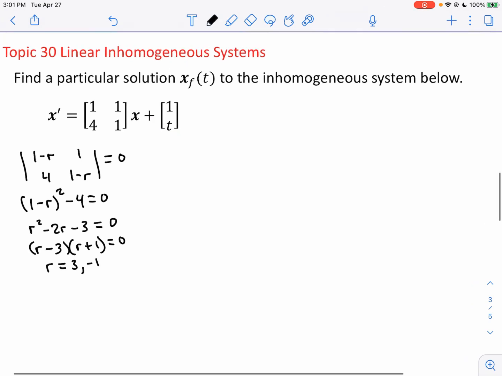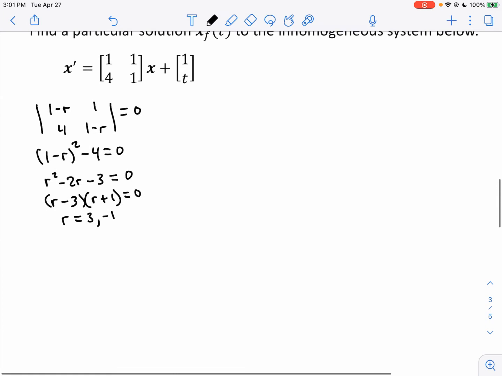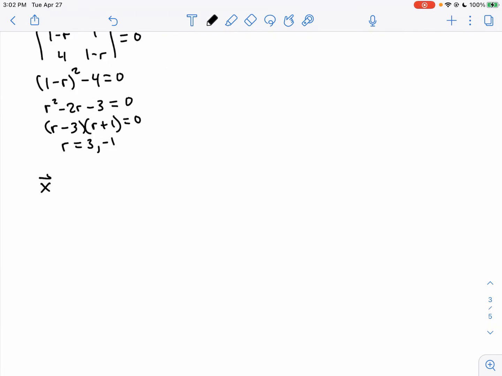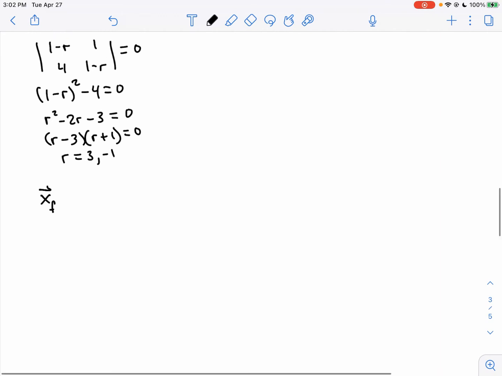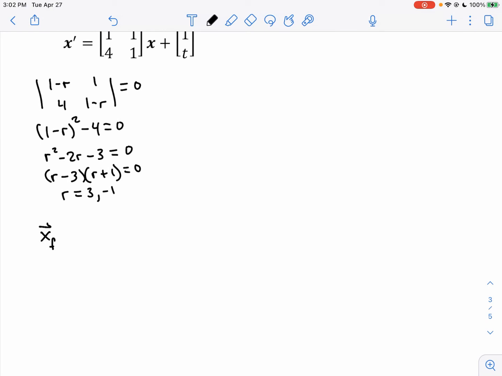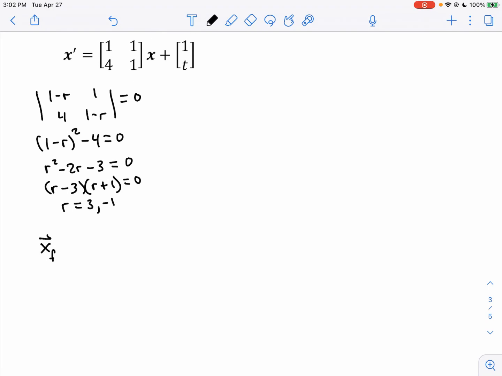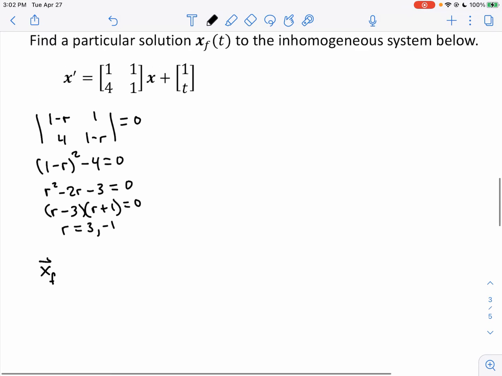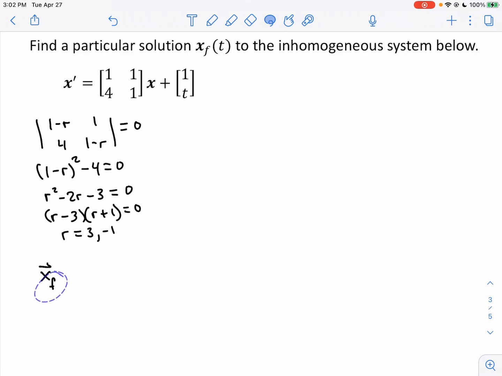So this allows us to next construct the trial form of our particular solution to this inhomogeneous system. We're calling it vector x sub f. You might see vector x sub p in your homework, p standing for particular solution, but I like to put a subscript here to refer to this vector function right there. If I'm calling that f, then I want to put an f subscript here.